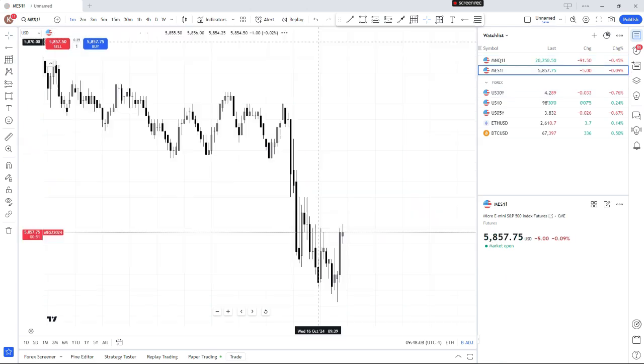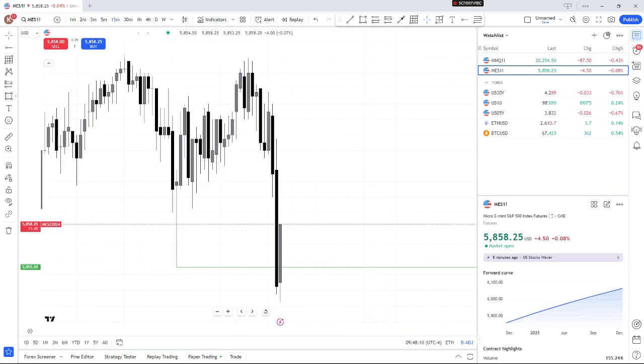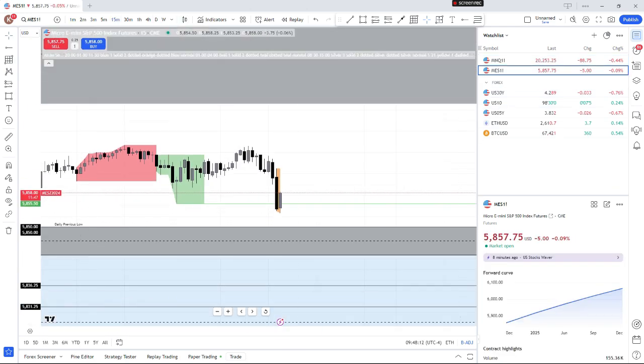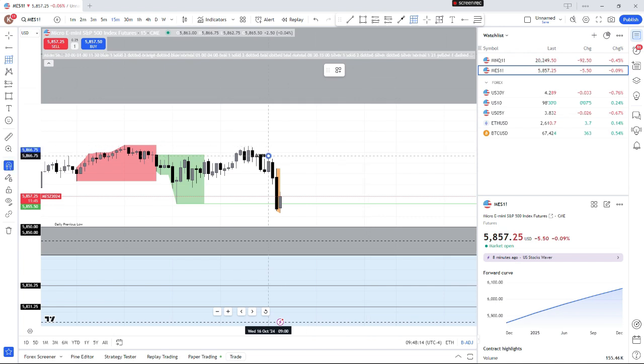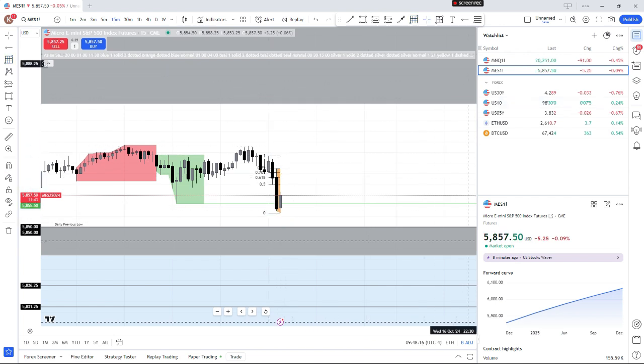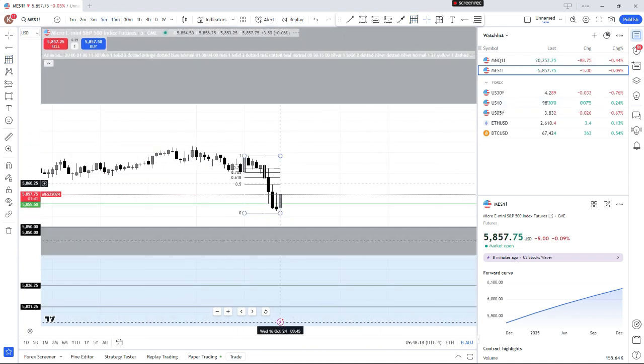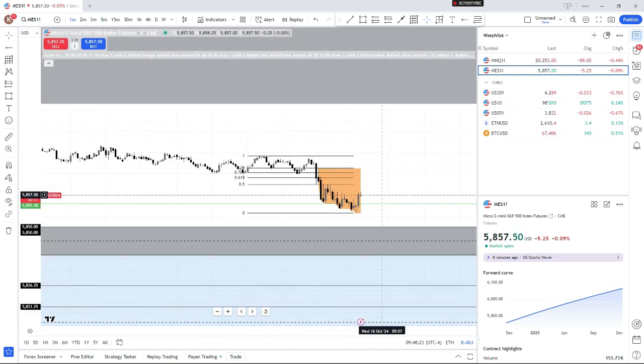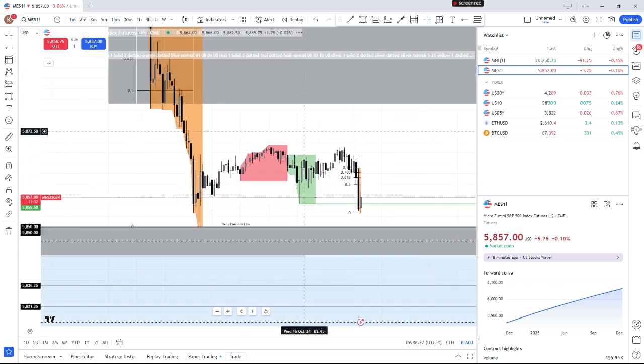ES as well is retracing up into the 15 minute range. I mean, it'd be nice to see price go a little bit lower before going higher, but if it doesn't, it doesn't. Because on the 1 minute we're about to cause a market structure shift, but that doesn't mean anything, because also on the 15 minute range we could just be balancing out price.